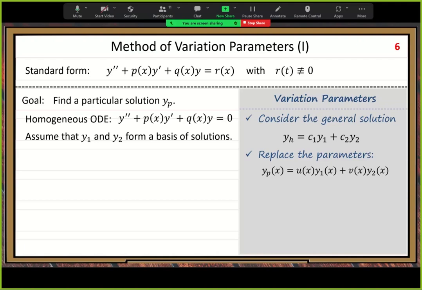Remember, when we start, we use YH. But suddenly we switch to YP here. This is YH, but here it becomes YP. How do you connect YH to YP? That step is wild, right?